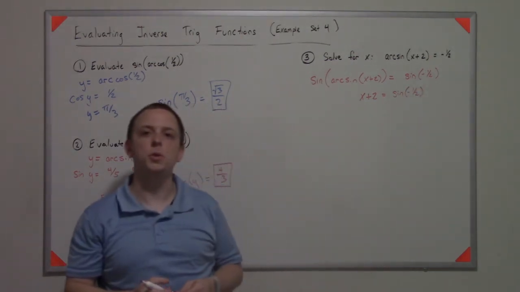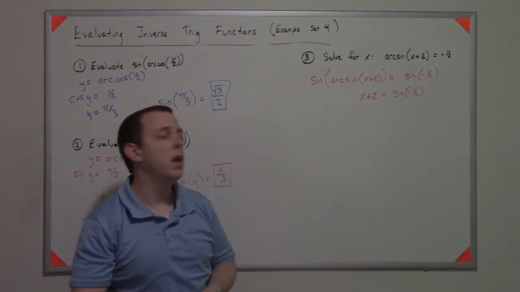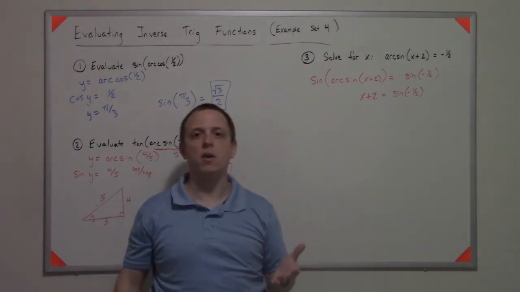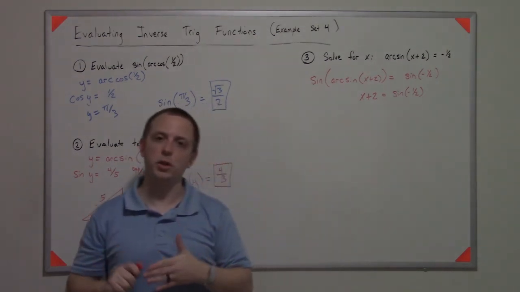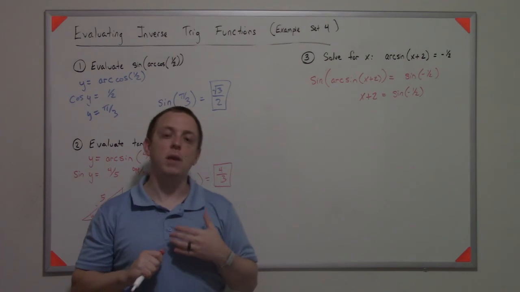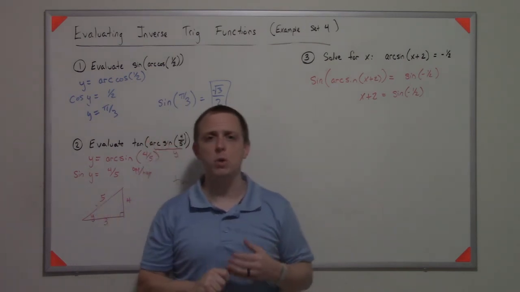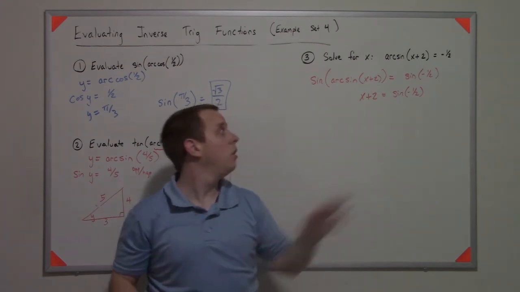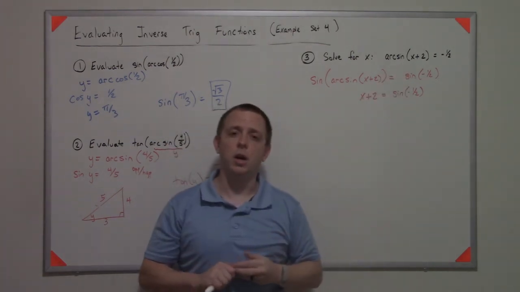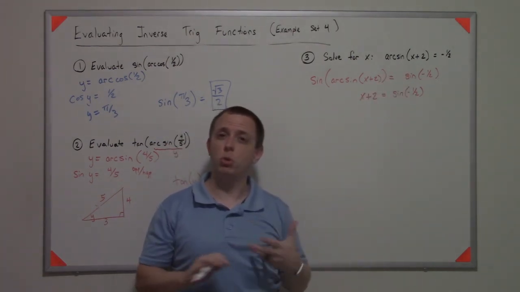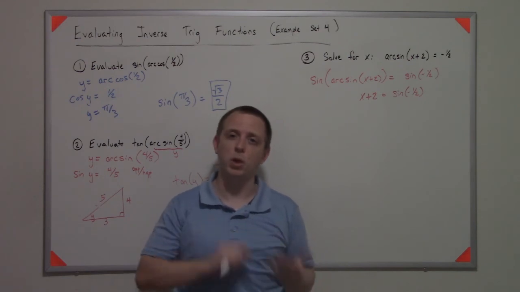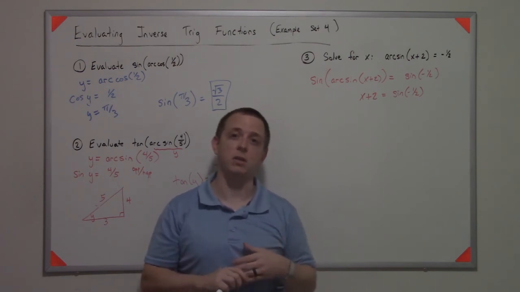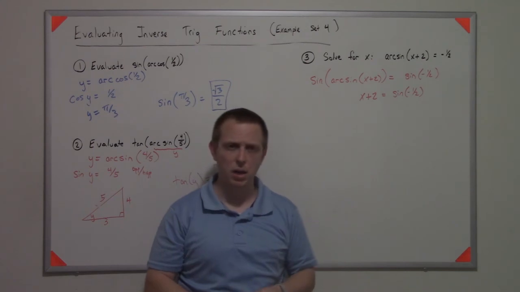So x plus 2 is equal to sine of negative 1/2. Now we have to be careful because sine and arc sine are inverses, but there's a restricted domain. If you were doing this in a real world scenario, you would need to make sure that you don't end up with values that don't make sense for your original expression. You don't want to plug in something that's going to cause the arc sine to fail because of the domain.